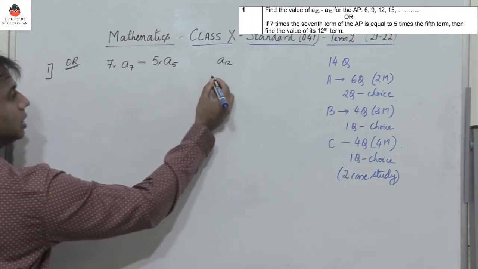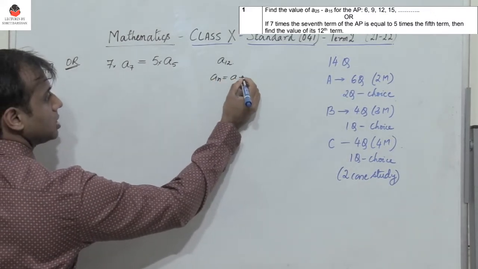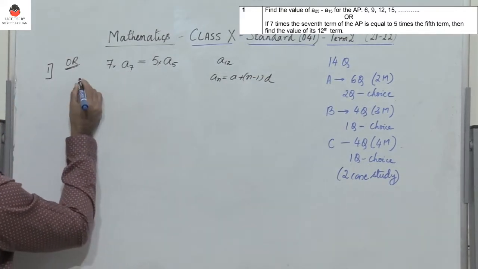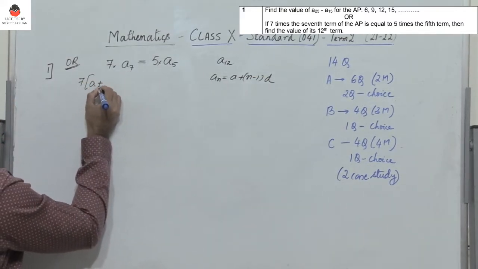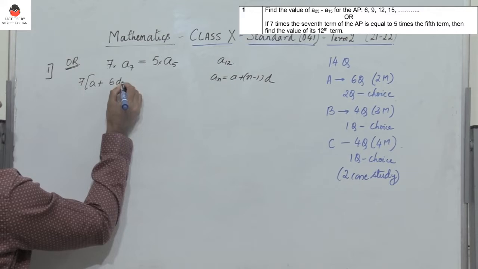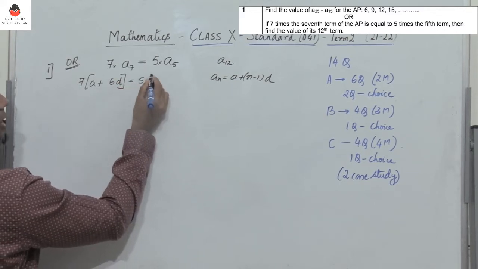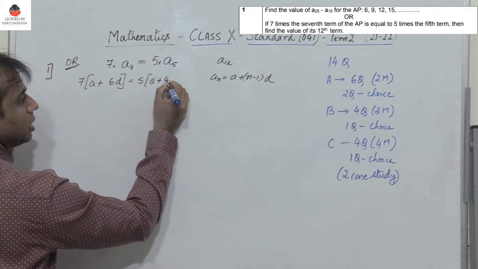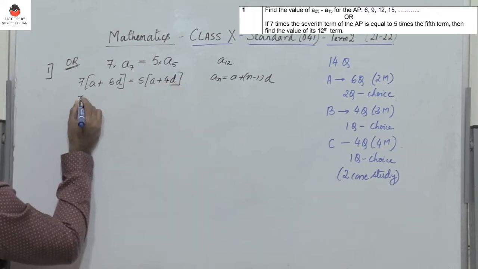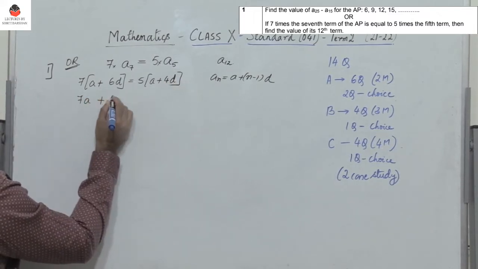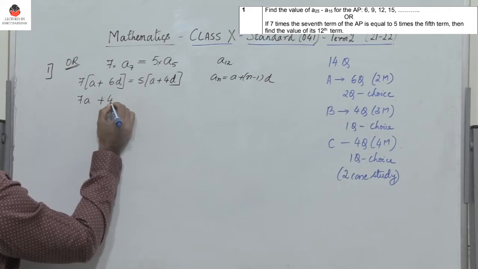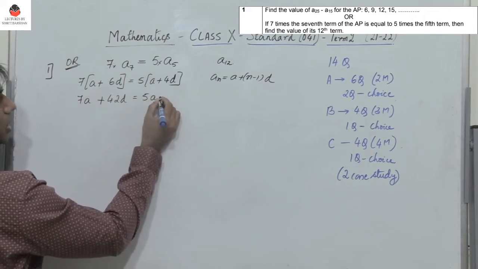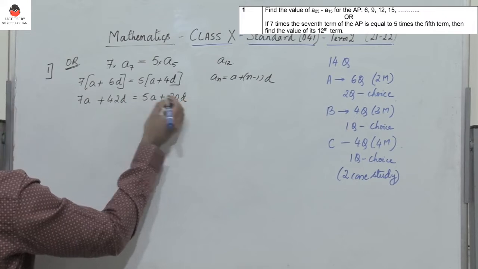So again we know that An equals A plus (n minus 1) into D. So here in this case, n is equal to 7. So 7 into (A plus 7 minus 1, which is 6D) equals 5 into (A plus n minus 1). n is 5, so 5 minus 1 is 4D. So we have 7A plus 42D, so 7 into 6 is 42, equals 5A plus 20D.